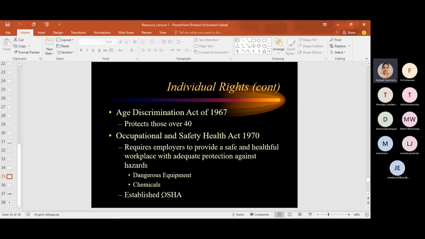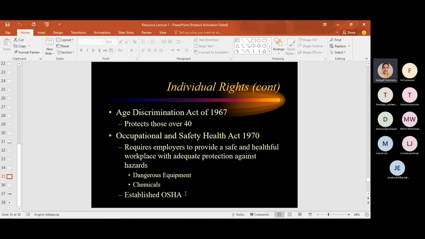Okay, OSHA is not a person. OSHA means Occupational Safety and Health Administration. In short form, we call it OSHA. It is an agency located in the United States of America, which is responsible for ensuring the occupational health and safety of workers.